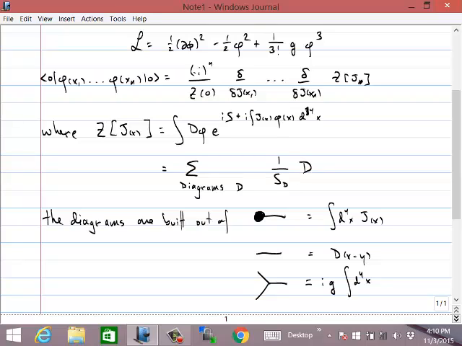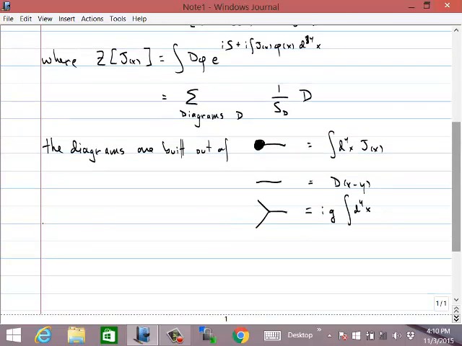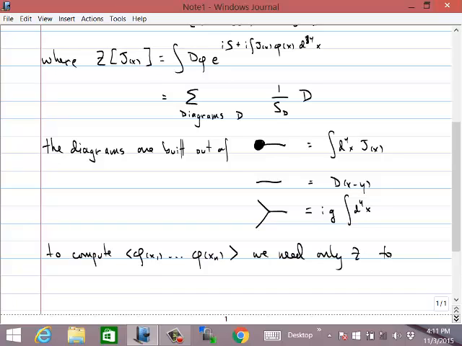So here I've written down the Feynman rules that would allow us to compute this generating function at all orders in j. But of course, to compute a particular correlation function, we only need to compute this generating function to order j to the n.